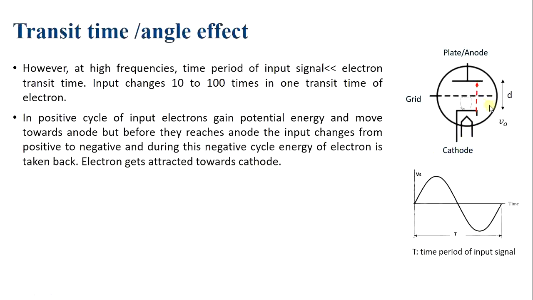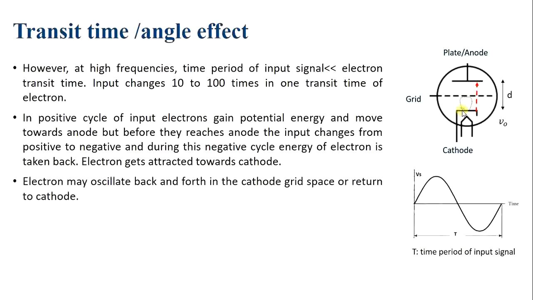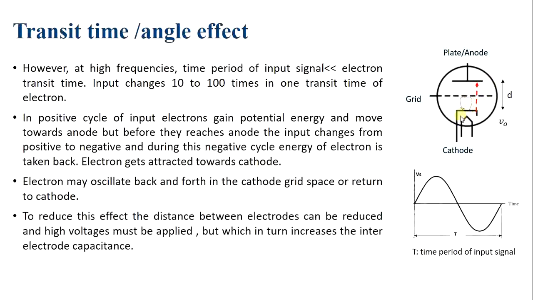You can see over here that before the electron reaches the anode, the negative cycle proceeds and the electron is attracted towards the cathode again. This green line indicates the electron at high frequency. The electron may oscillate back and forth in the cathode-grid space, or return back to the cathode.